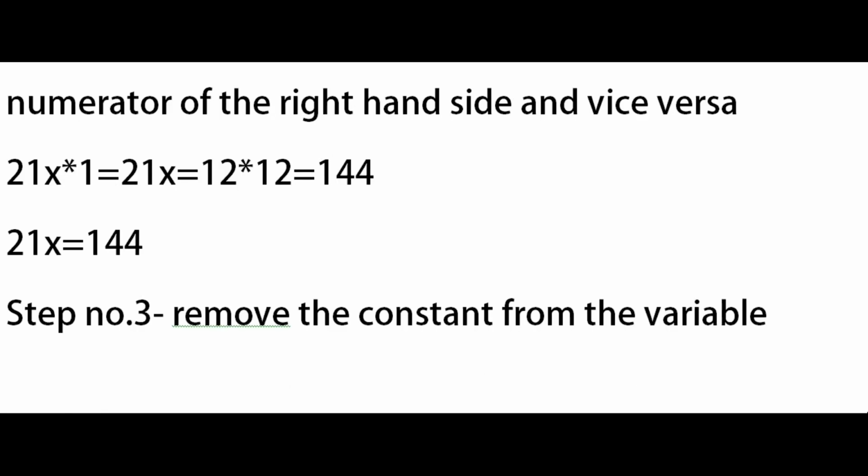So I have to remove the constant 21 from the variable x. Now 21 is being multiplied with x. If I remove it to the other side, it will be divided. So x I will write here, put an equal to sign, write the number on the right hand side first, that's 144, and that then divided by 21. This is my answer.